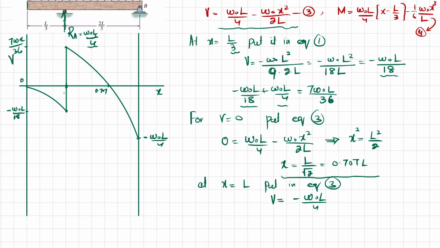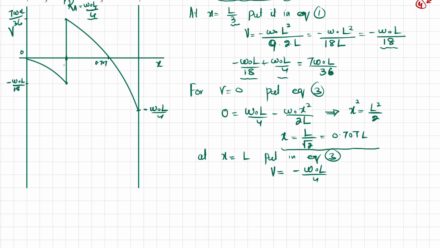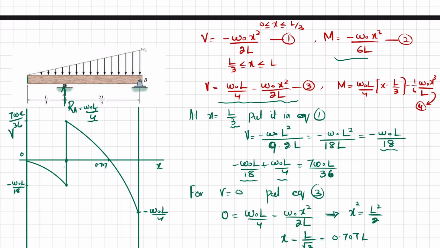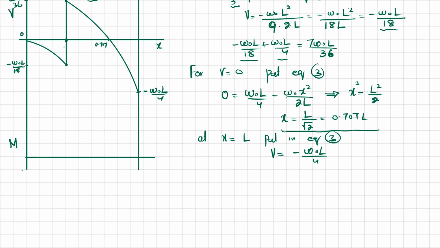Now we will draw the bending moment diagram. So again, for bending moment you have to draw a horizontal line. Let this be your horizontal line along the length of the beam, and there will be a moment. So at x is equal to 0, if you put x is equal to 0 in equation number 2, you will get moment equal to 0 at this point.